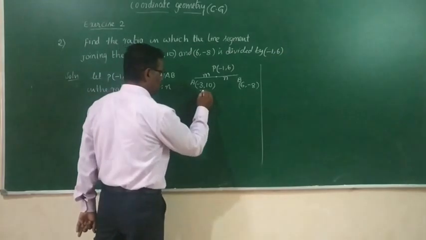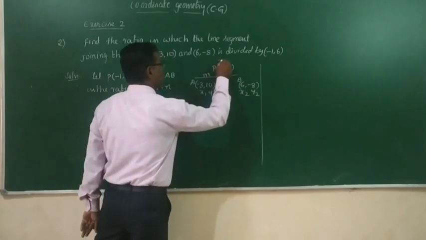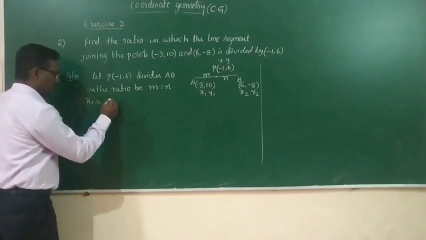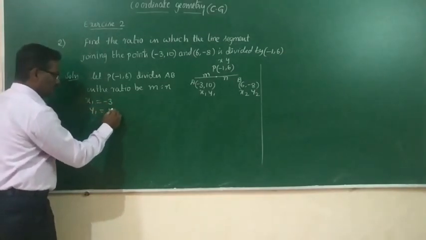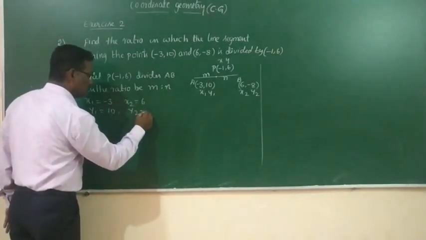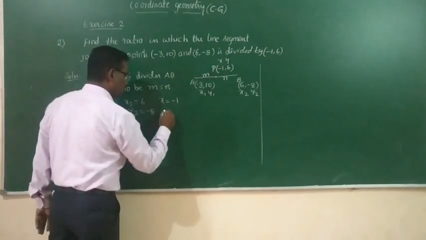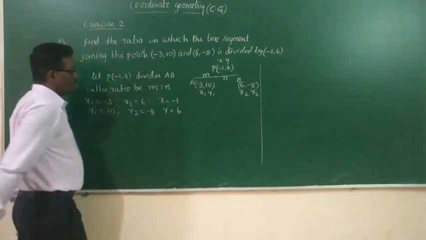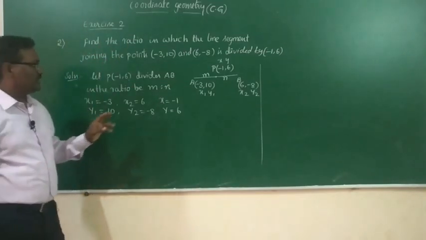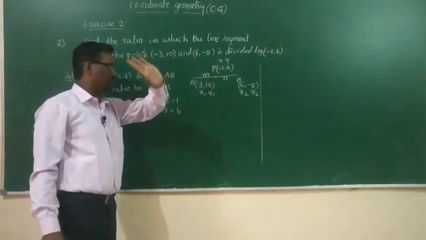Now, by taking these points x1, y1 and x2, y2, this is as usual x, y. Here, x1 is equal to minus 3, y1 is equal to 10, x2 is equal to 6, y2 is equal to minus 8, and from the point P, x value minus 1, y value 6. As I mentioned earlier, for finding the ratio, we consider either x coordinate of the section point or y coordinate of the section point.